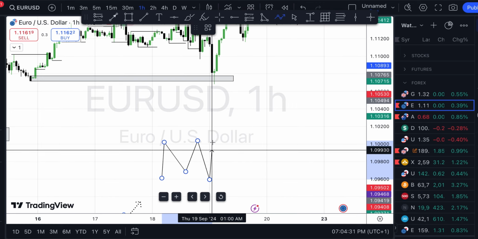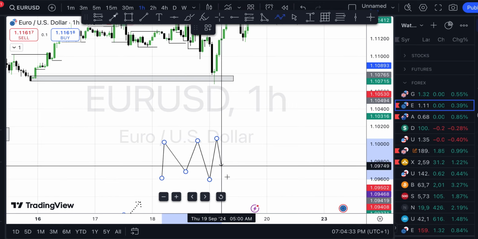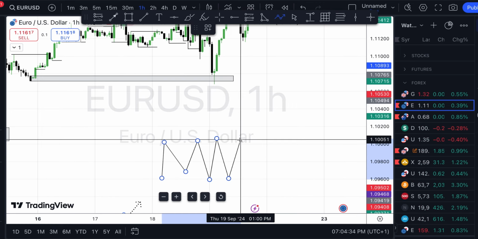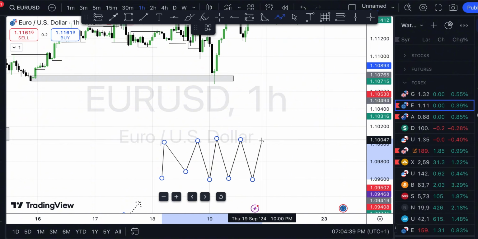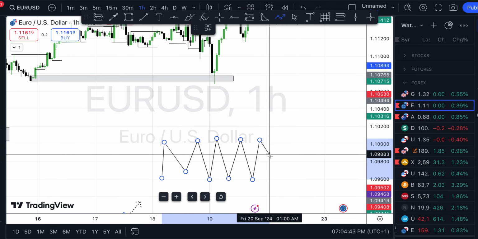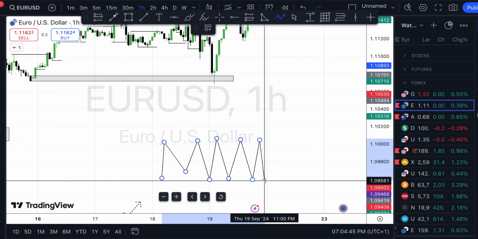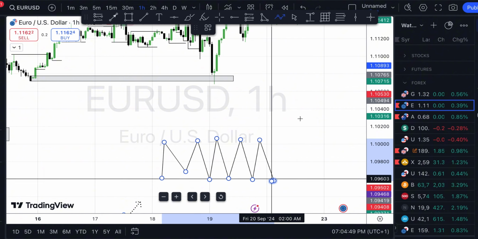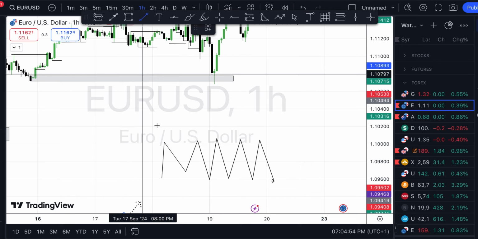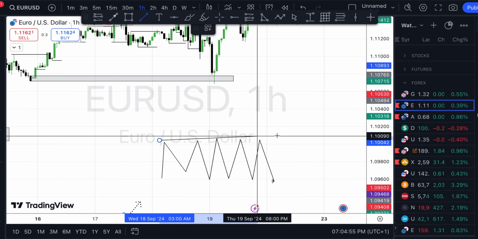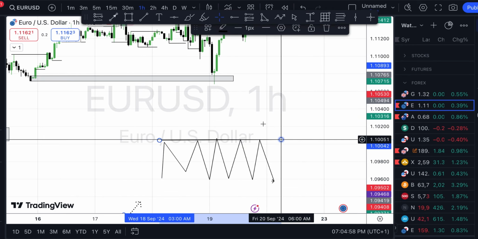There's no direction, it keeps going up and down, up and down. The buyers do not have much power to push further. Even the sellers do not have the power to push lower. So when you see something like this on the chart, this is a ranging market.